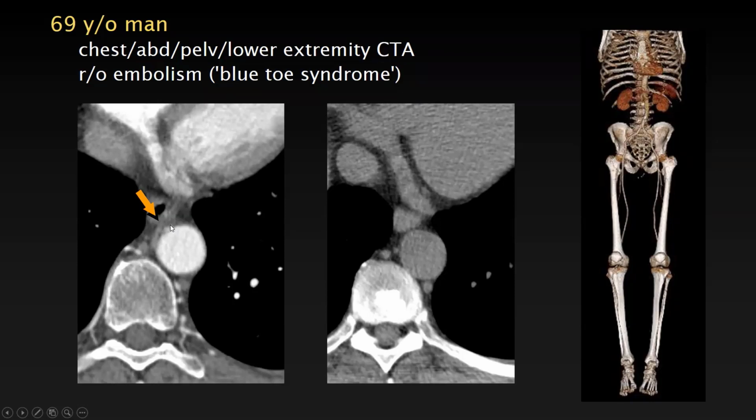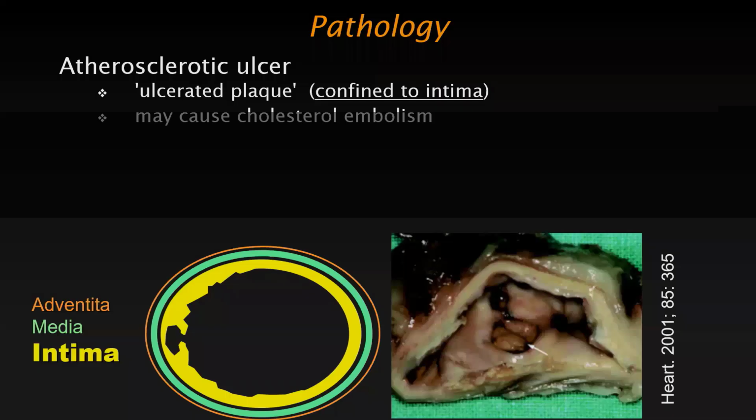So if such a lesion sits in the carotid artery, patient has stroke. If a similar lesion, probably not that big, it sits in the coronary arteries, you can get an MI. Again, that's a ruptured atherosclerotic plaque confined to the intima, resulting in downstream embolic complications. Okay?